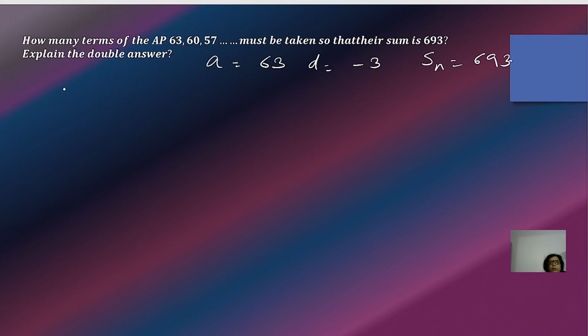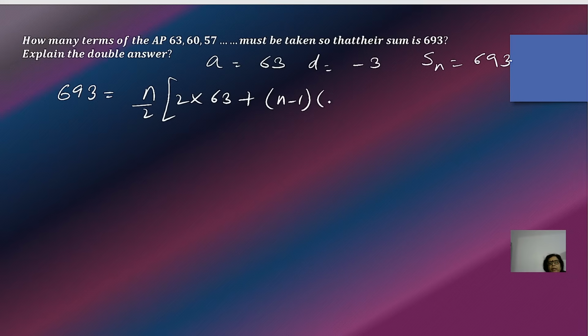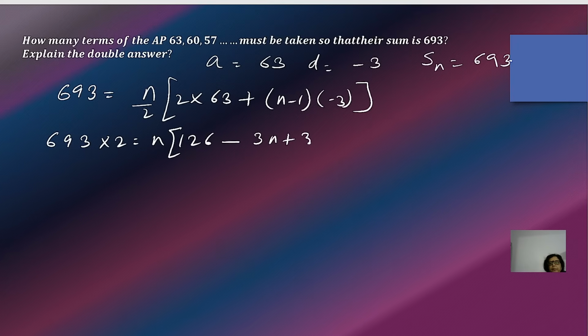Let's see how. So 693, taking the first formula, is equal to n by 2 into 2 into 63 plus n minus 1 into minus 3. So this becomes 693 into 2 is equal to n into 126 minus 3n plus 3.